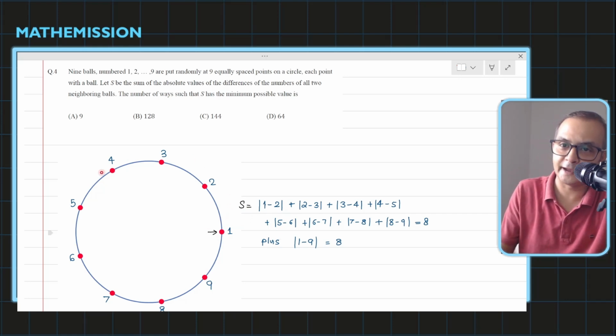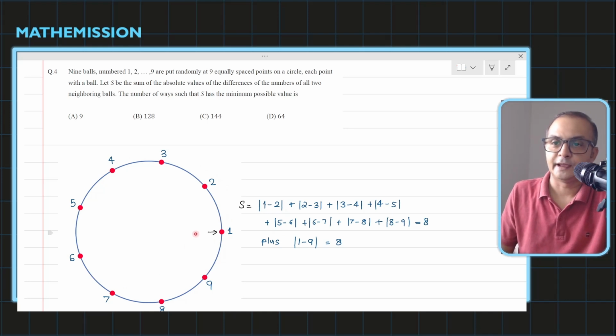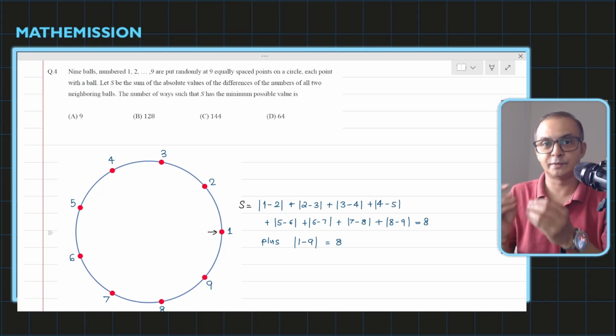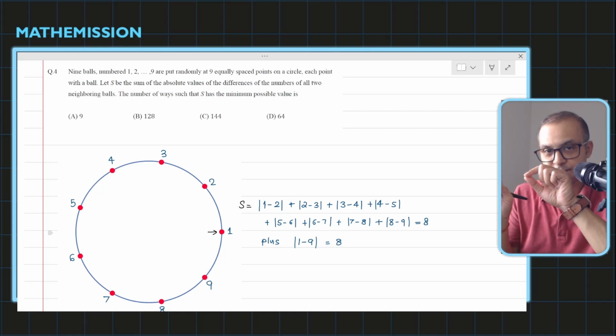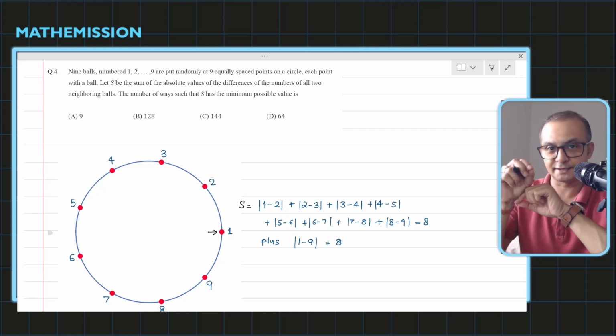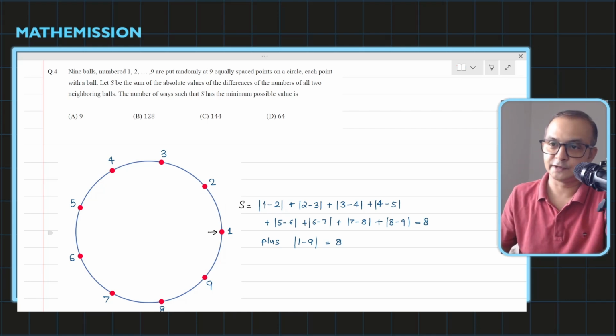So let's say I have this arrangement, and let's first find what the minimum possible value can be. If I have the gap 1 between 2 consecutive numbers when we place, there is a chance that we can get the minimum.